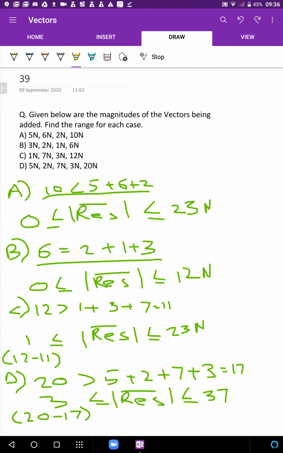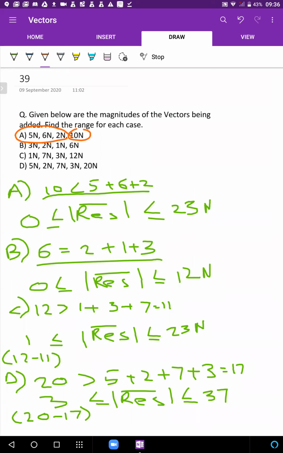Minimums क्या है? Minimums के लिए तुम्हें largest value minus the rest करना है if largest value is indeed bigger. Some of you didn't check the first one. ये largest value 10 था, बाकी मिलके 13 दे रहा है. So you can't say 10 minus 13 minus 3. Resultant is never going to be negative.